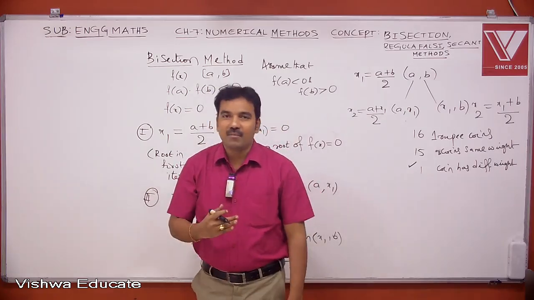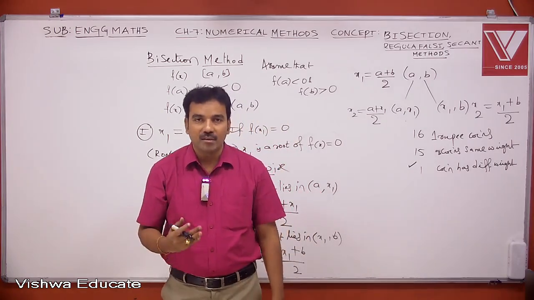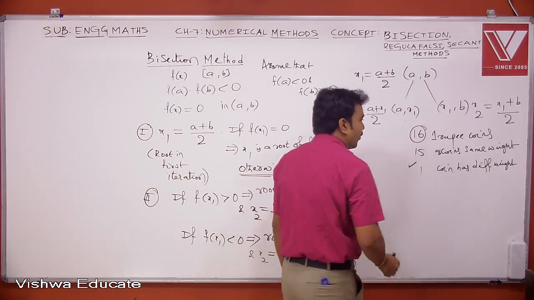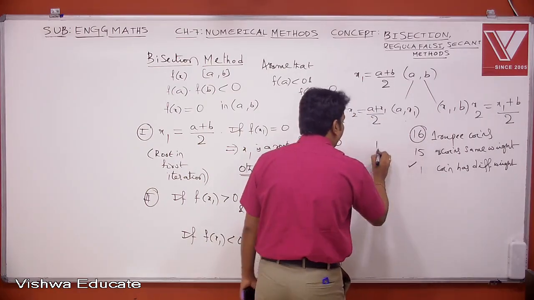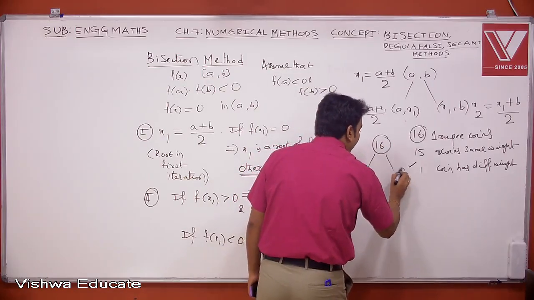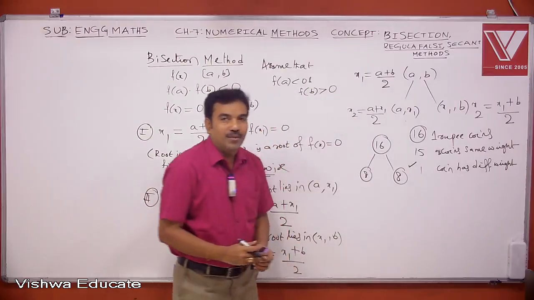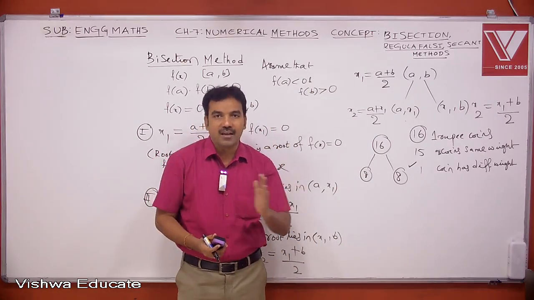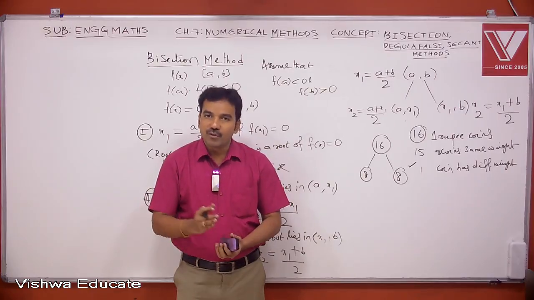In that case, I have a pan weighing machine. Let us mix all 16 coins. What I will do is divide these 16 one rupee coins into two groups: 8 one rupee coins and 8 one rupee coins. Weigh all these coins, 8 on one side and 8 on the other side. So you can easily guess.